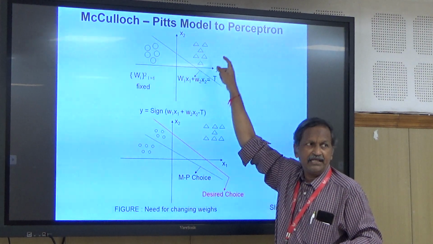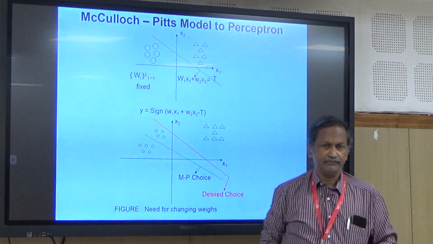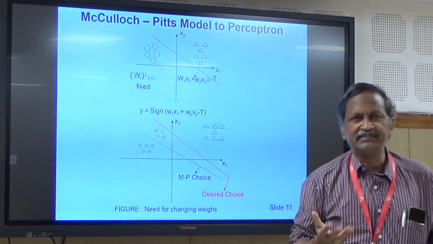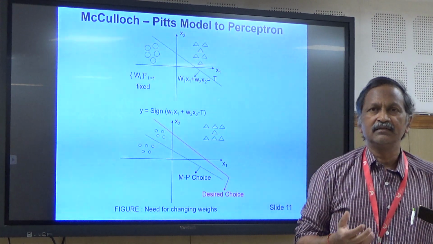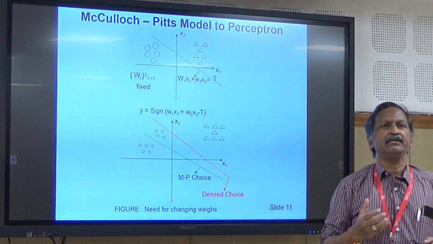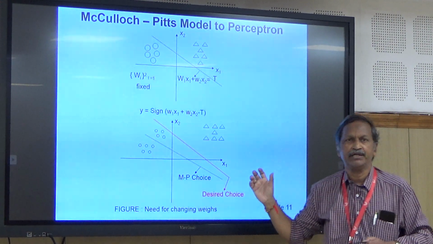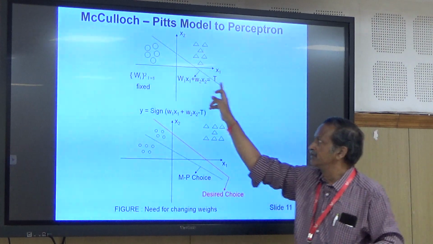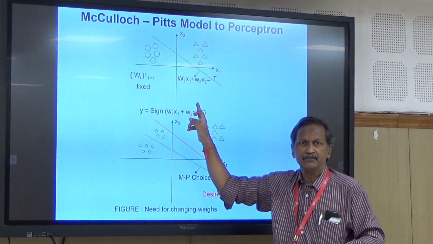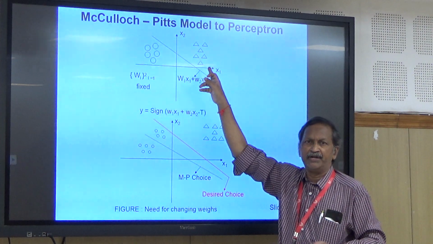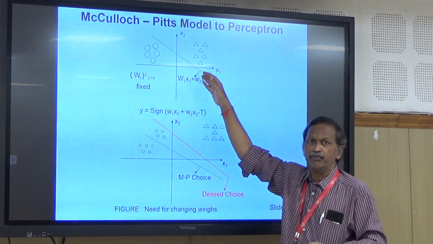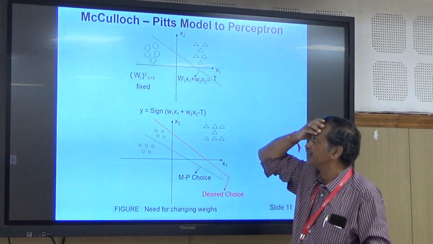For all the triangles, it will be +1. So it may look like magic, but what exactly the classifier is doing is taking input patterns, computing this function, and giving an output +1 or -1.